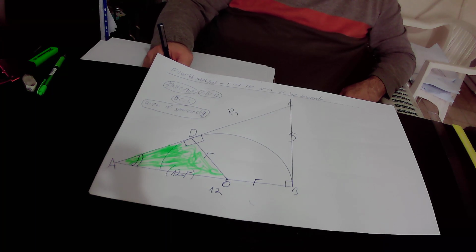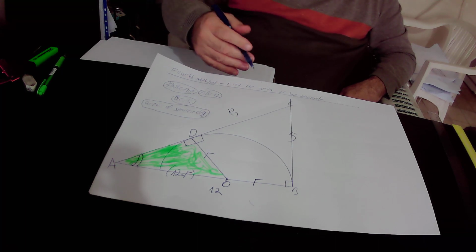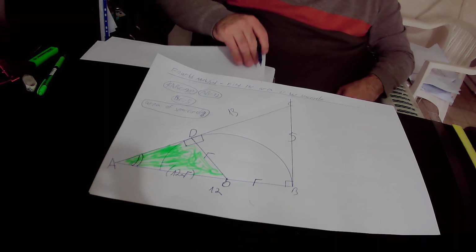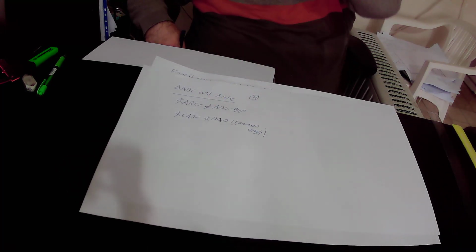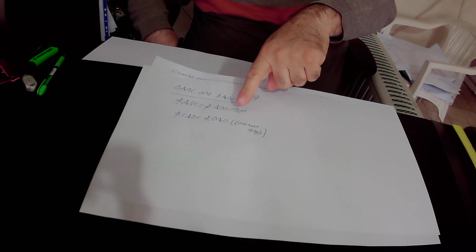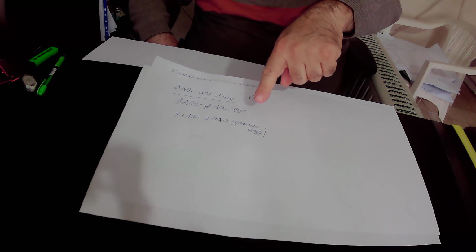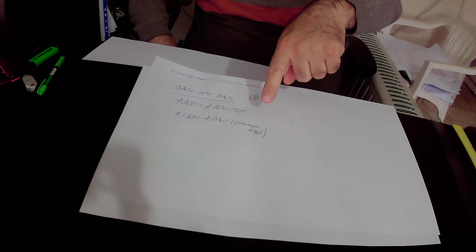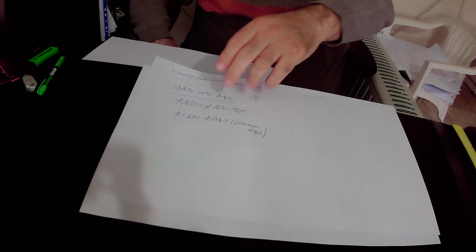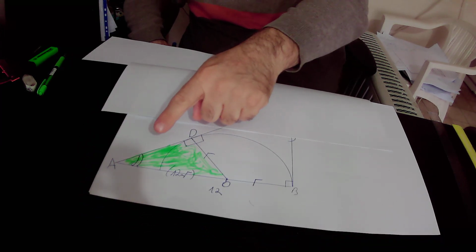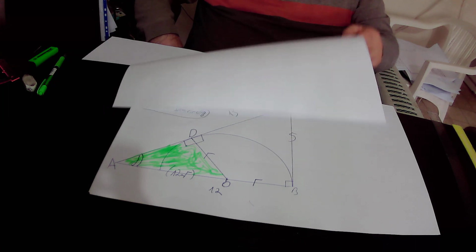It is a common angle that belongs to both triangles, so the angle equals itself. Okay?